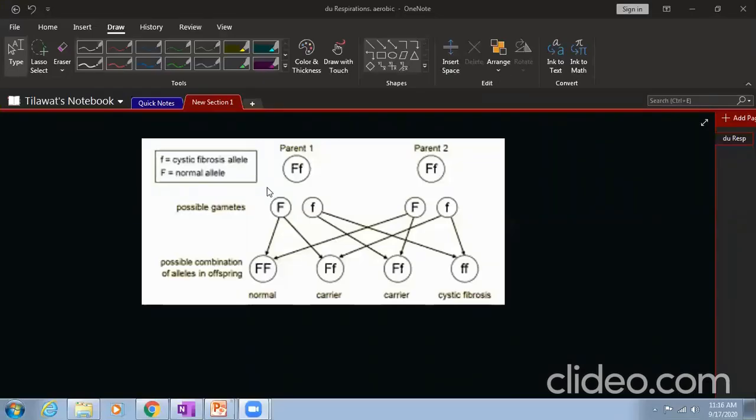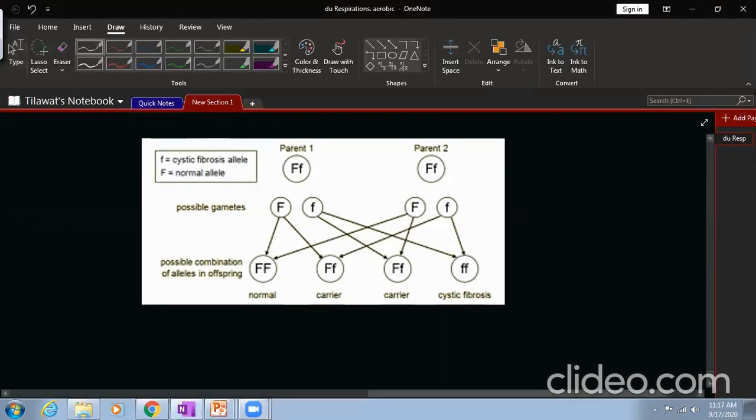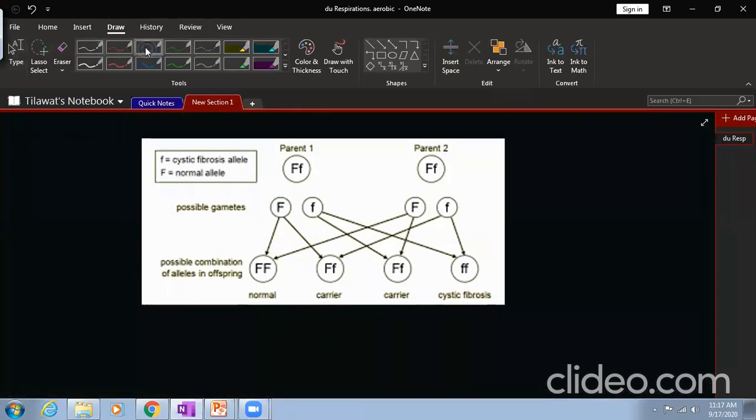Now let's suppose we are selecting two parents, both carriers. They are normal but carriers, that is, both have a defective gene. So if we do a cross, what should happen? First of all, you can check it here.